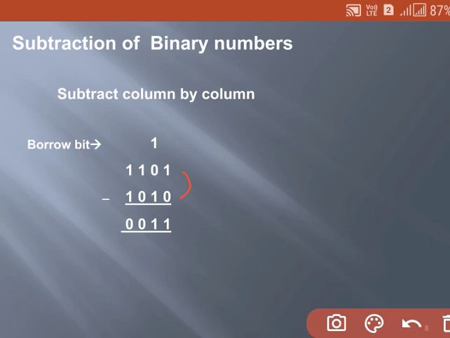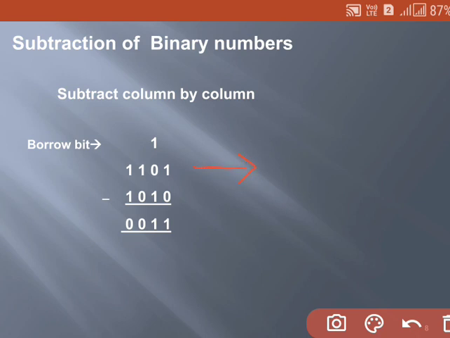Whenever I am taking borrow, here you will be having 0, so 0 minus 0 is 0, and 1 minus 1 is 0. So the subtraction of 1101 with 1010 will give you 0011.